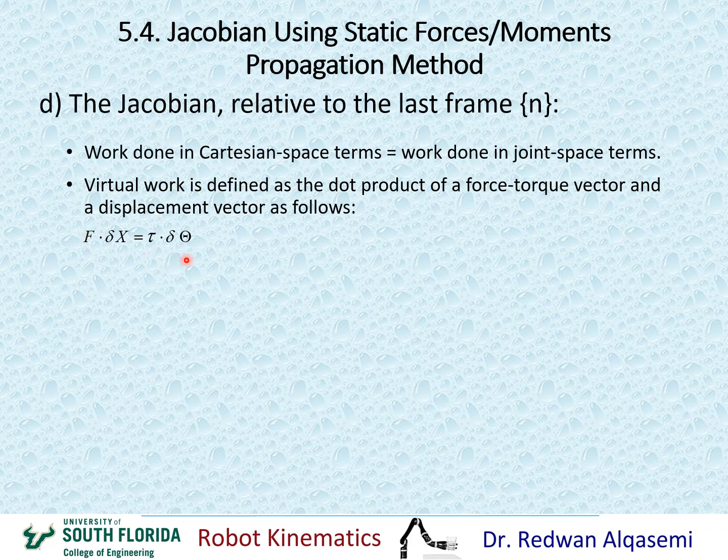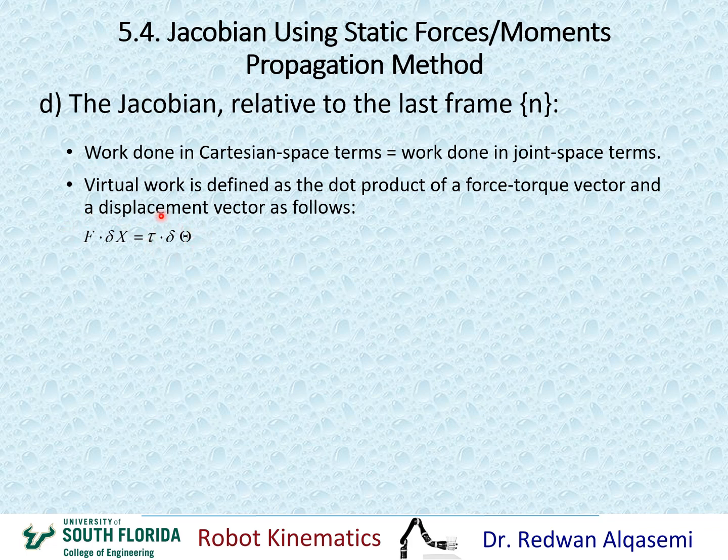Okay, and that would be equal to tau, which is again a 6x1 vector of joint torques. Of course, it can be forces if we are dealing with prismatic joints, and that will be multiplied by delta theta, which is again a 6x1 vector of joint displacements, whether it's a prismatic joint or revolute joint.